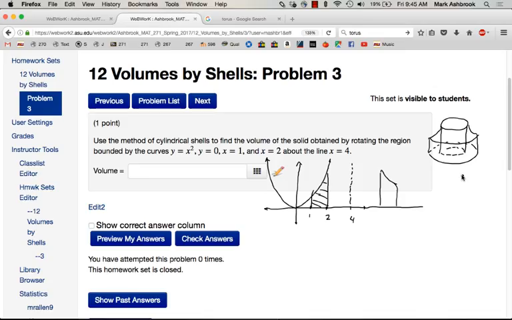Like that. These should be dotted. All right, so you get something that looks like that. We're trying to find the volume of that thing.